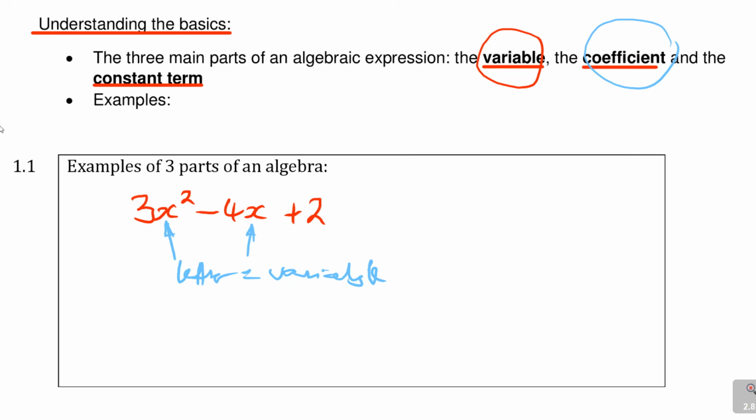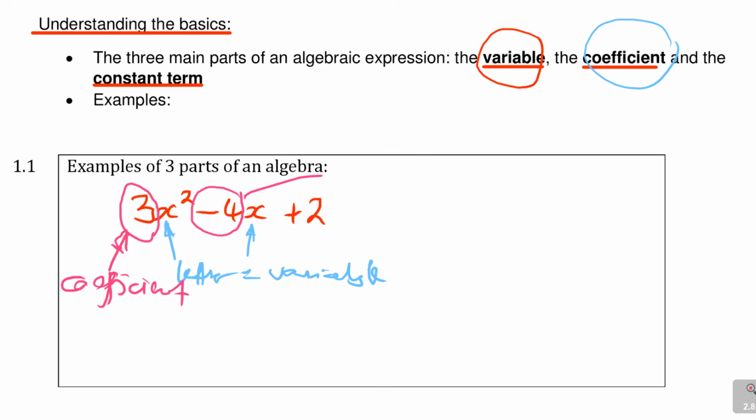And then what about the coefficient? If we want to get the coefficient, it is the number before the variable. For example, look at this number here. You see that 3? So here we say 3 is the coefficient of x squared. Another coefficient that you can identify is minus 4.